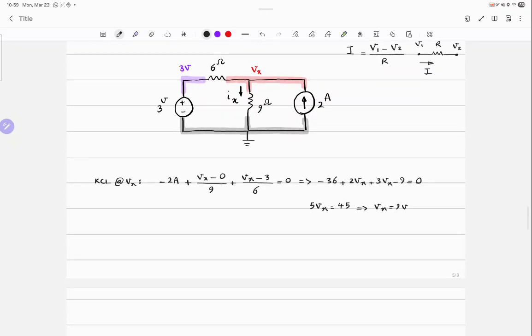If Vx is 9 volts, what is Ix? 1 amp. Did I get the same answer? Of course. Did I consider both of them at the same time?